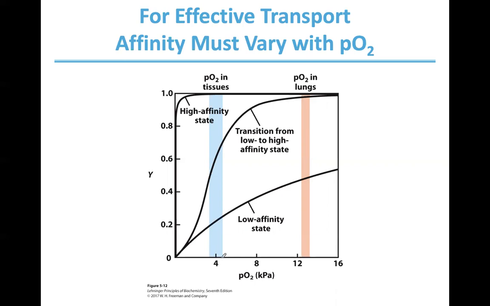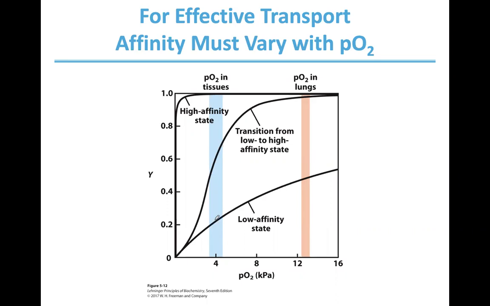But if there is a different affinity state, for example, if the myoglobin has lower affinity for oxygen, then the curve may be like this. And then you can see how much of it will be released. Basically, almost this entire amount will be released.